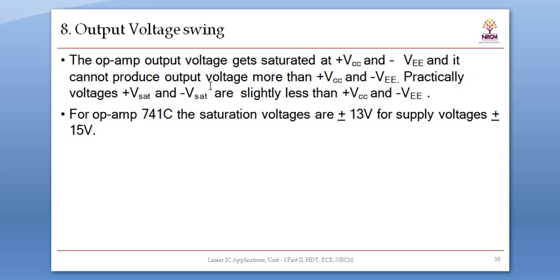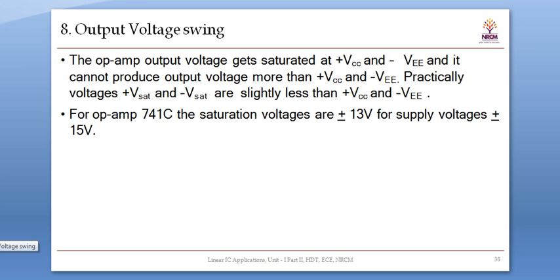So the output voltage swing, that is the maximum peak to peak voltage of 26 volt, is available at the output of op amp. Here the op amp gets saturated at VCC and minus VEE. Practically it is saturating at 0.9 times VCC and 0.9 times VEE. So this is about output voltage swing.